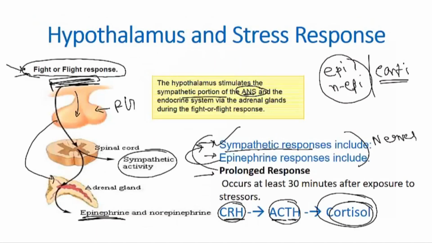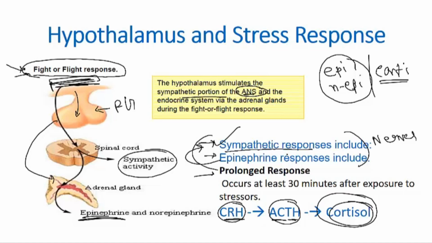Once the cortisol is released, its effects include mobilization of energy by breaking down glycogen and fat and producing as much glucose as it can, and this happens in the liver. It also releases amino acids from the skeletal muscles, which can be used to repair damaged tissues, and it inhibits inflammation and the immune responses, because the immune response demands a lot of protein synthesis, which isn't required at the time of stress.